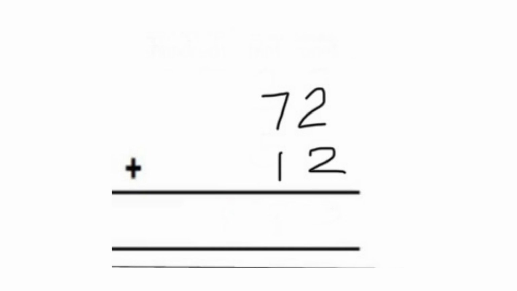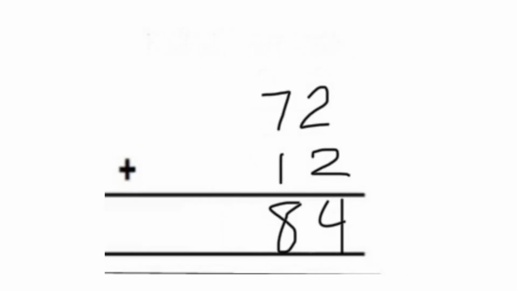All I do is add the two numbers and bring the answer straight down. So 2 plus 2 is 4. Then I move to my tens place and see 7 plus 1 and add them together and bring my answer straight down. 7 plus 1 is 8. So our answer overall would be 84 with 8 tens and 4 ones.